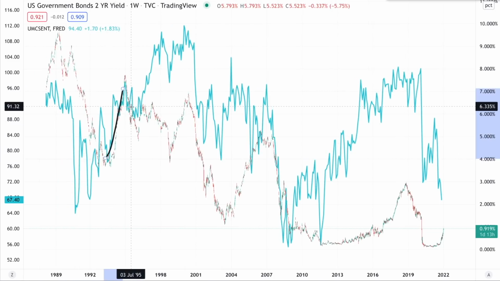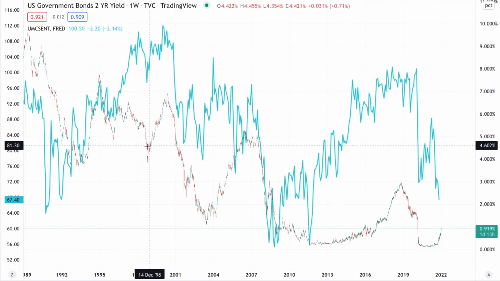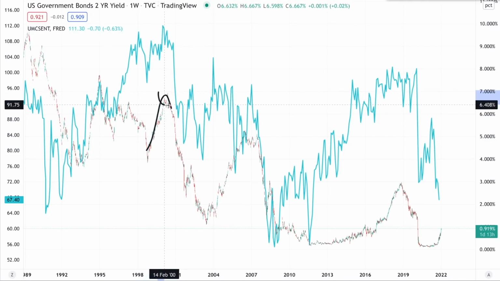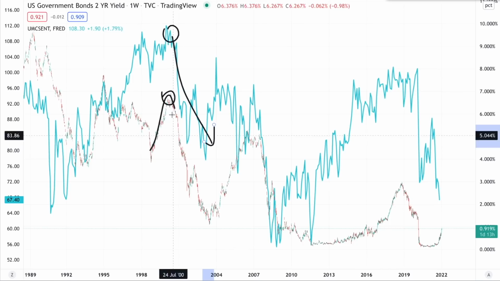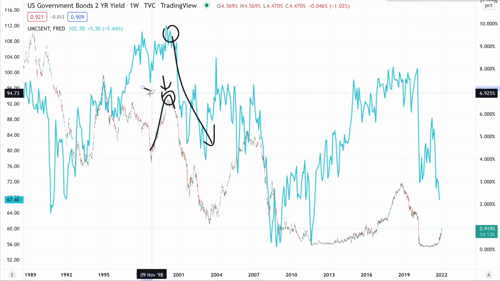And you can see here that when the 2-year yield makes a significant peak, like it did here in 1999, it tends to be a peak in consumer confidence, or at least consumer confidence goes down following that peak, right? Because that often triggers monetary tightening, it triggers less favorable financial conditions, and so consumer confidence tends to go down.